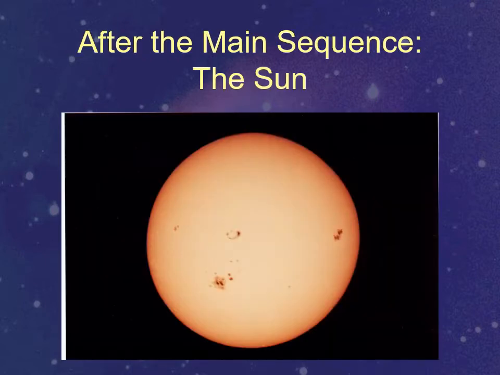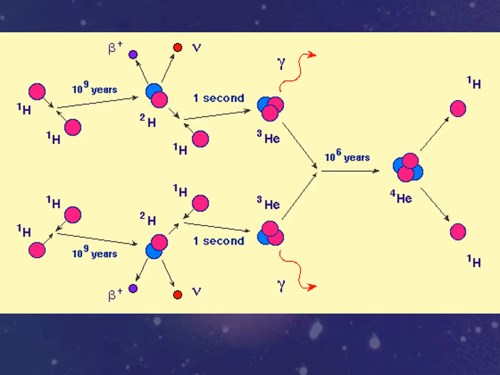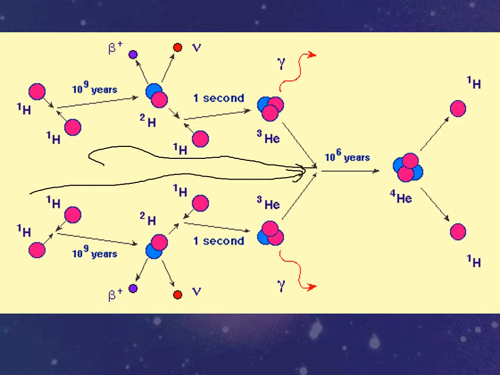So the sun. After the main sequence, the first thing is, what does it do? Well, recapping, what's going on in the sun now? Hydrogen is fusing into helium via the proton-proton chain. And so the proton-proton chain is fusing hydrogen into helium.